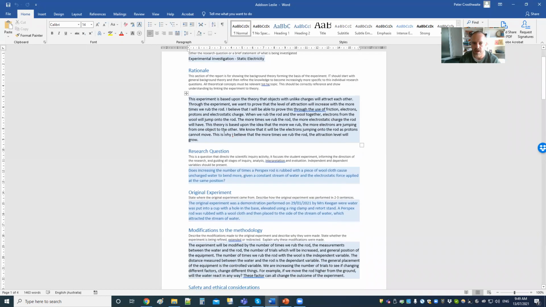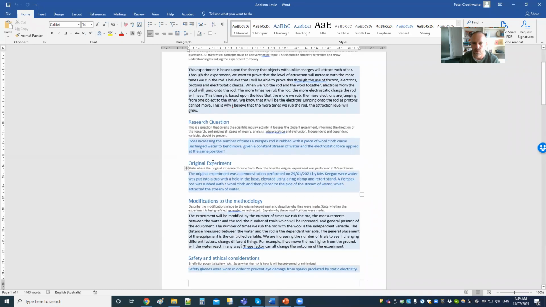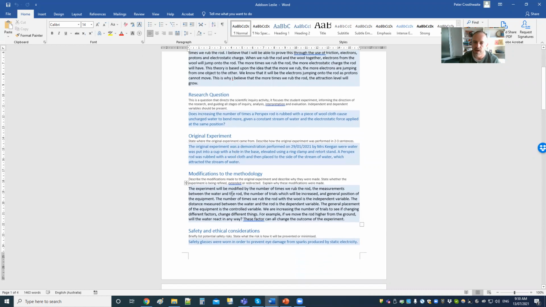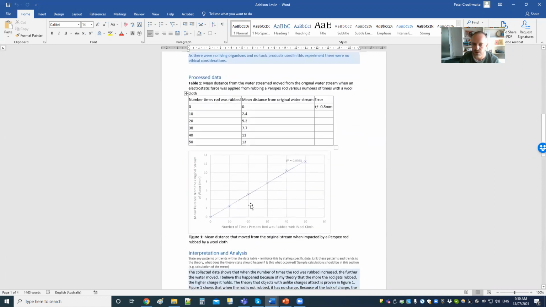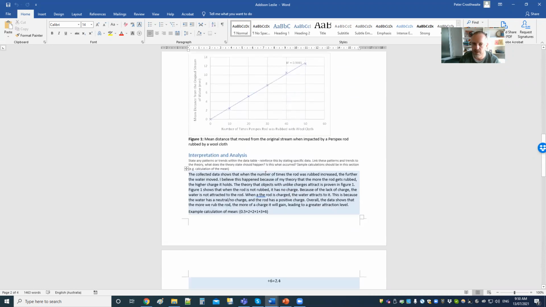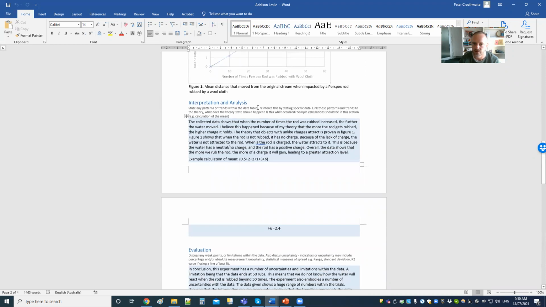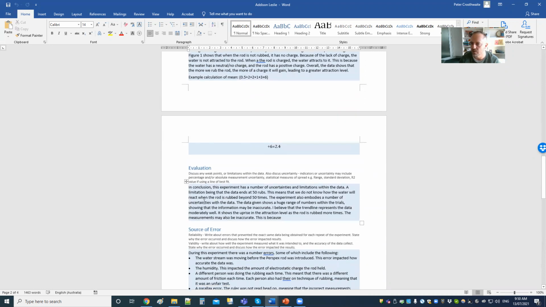They would present a rationale. They would talk about what they'd seen the teacher doing. They would write about any modifications to the methodology that they saw the teacher doing, write about the safety and ethical considerations, enter the data that they were collecting during the in-class experiment, and then interpret and analyze and evaluate that.